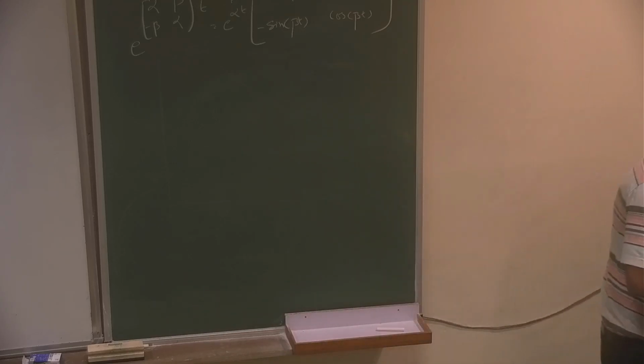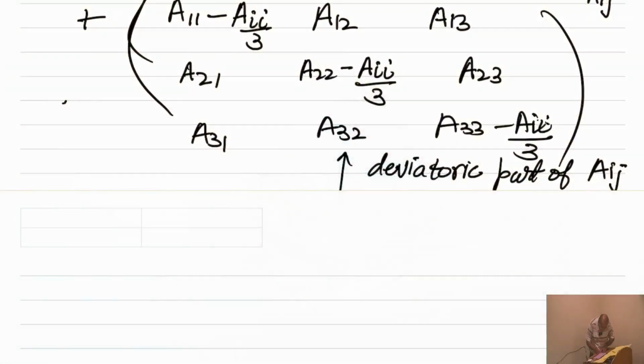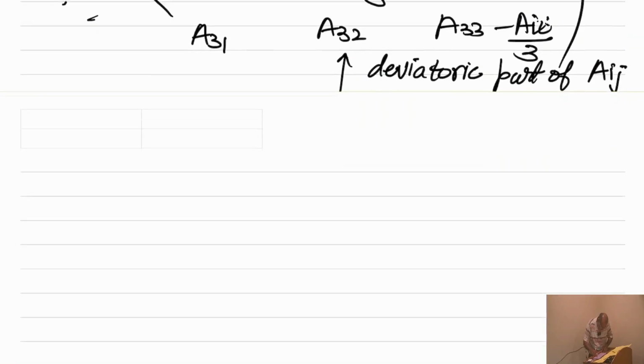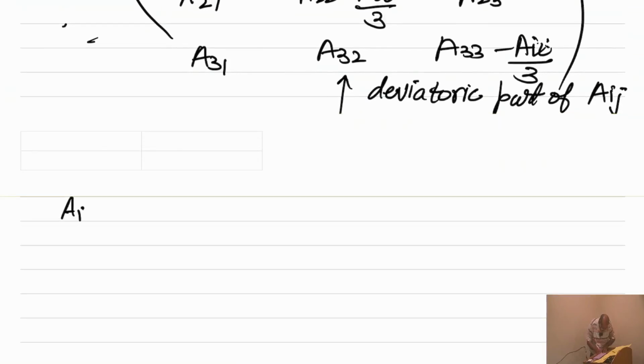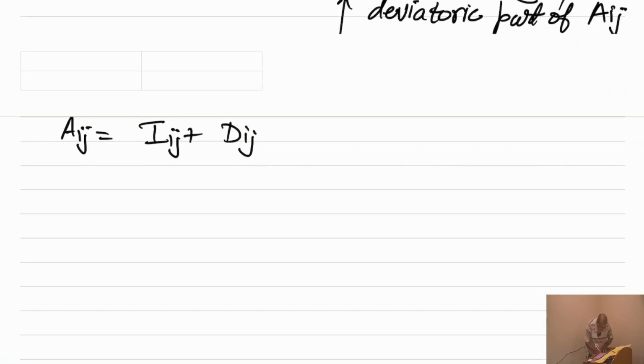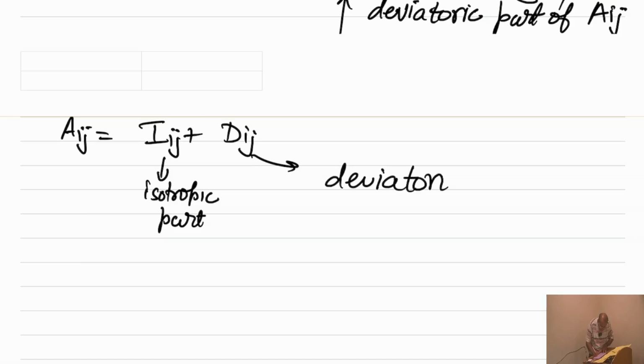So we can write any tensor Aij as Iij plus Dij. So this is the isotropic part and this is the deviatoric part.